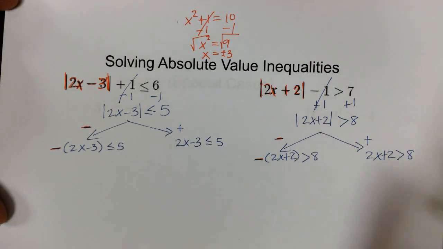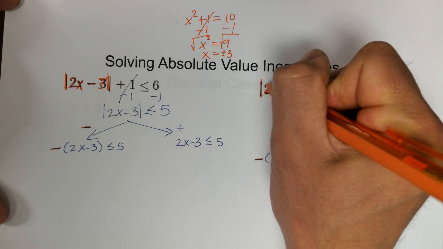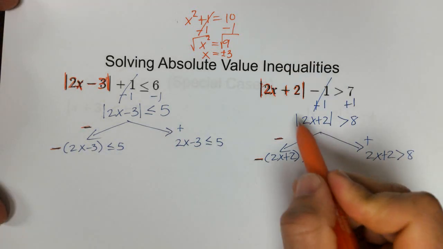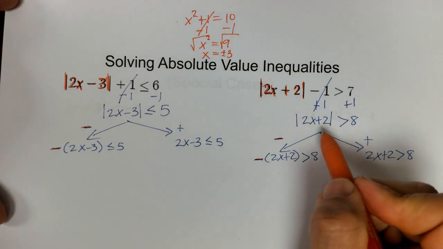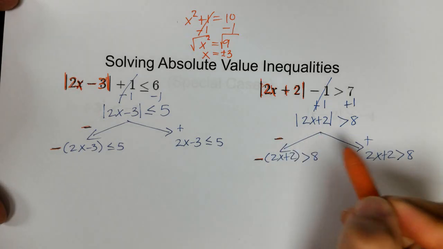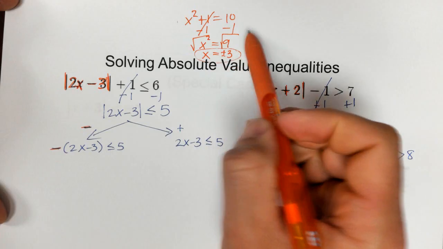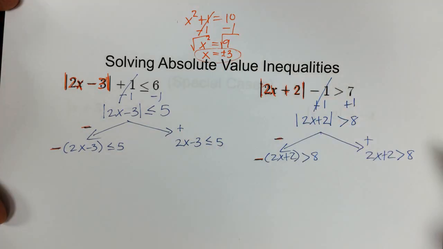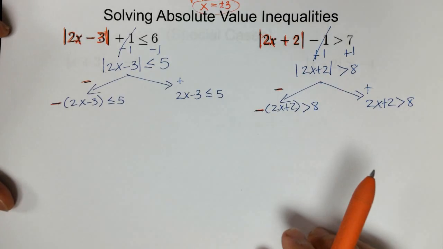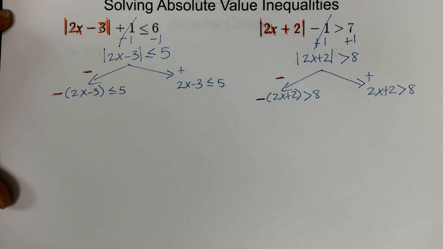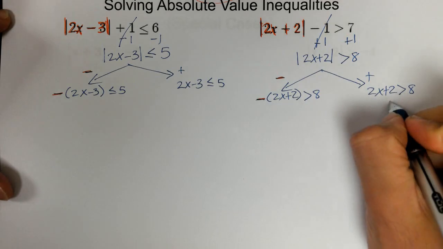Move everything else to the other side. And when you do, you can now get rid of the absolute value and account for the plus or the minus, just like we did here. We got rid of the square by square rooting it, and we accounted for it. Same thing. So if you feel comfortable with this, move along a little bit or see me solve it. We're just going to do more of the same.